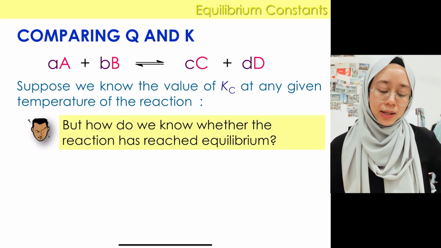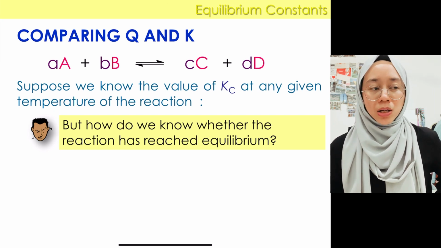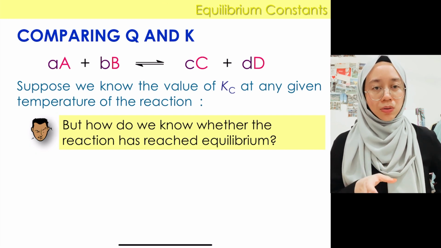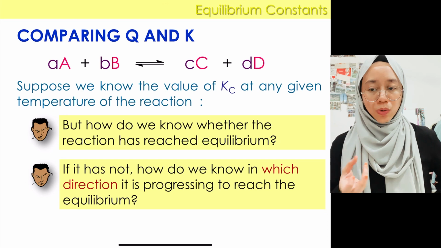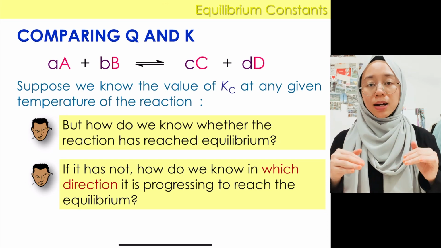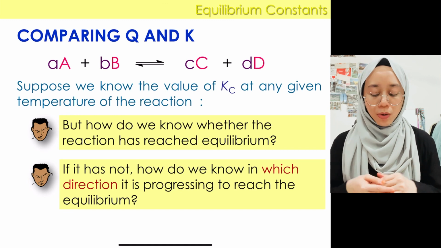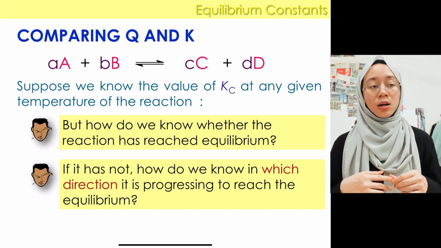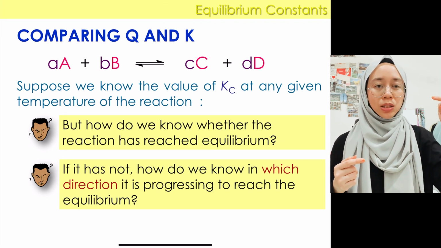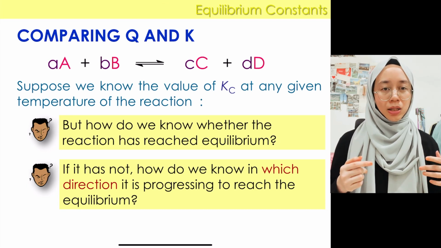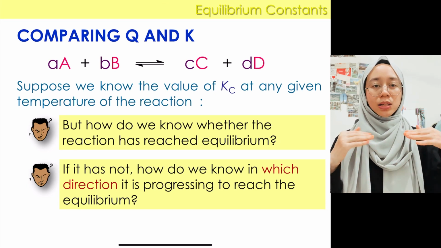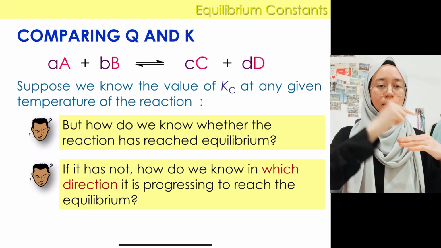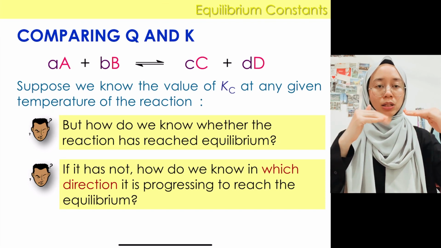But how do we know whether the reaction has reached equilibrium? When we calculate Qc or Qp, how do we know whether it has reached equilibrium or not? If it has reached equilibrium, okay. But if it has not yet reached equilibrium, how do we know in which direction it is progressing to reach equilibrium? Because if there is still a lot of product, the system will prefer to go to the left so that it reaches equilibrium again. But if there is a lot of reactant, the system will want to go to the right so that it reaches equilibrium again.